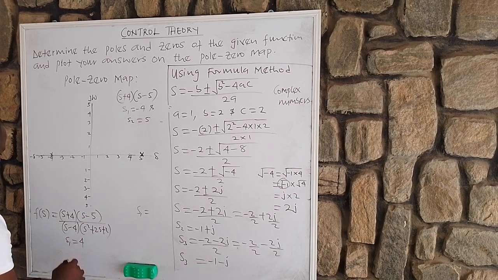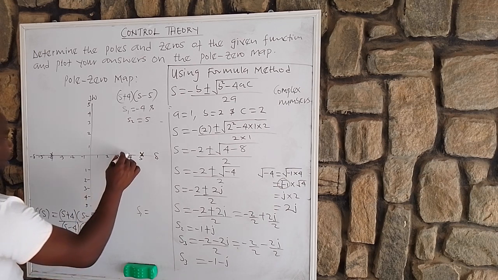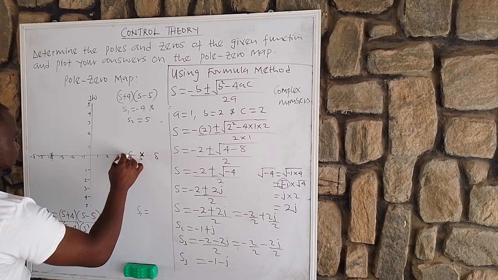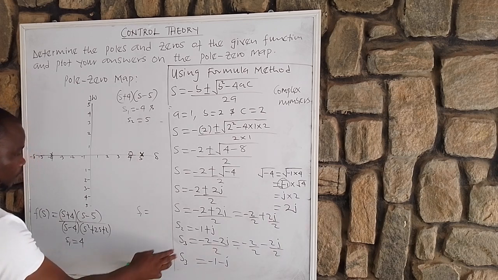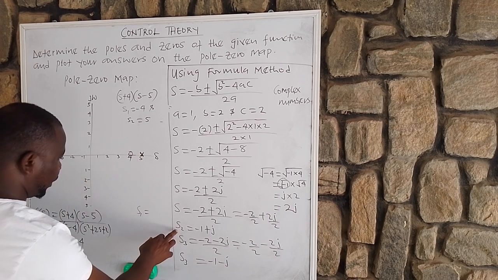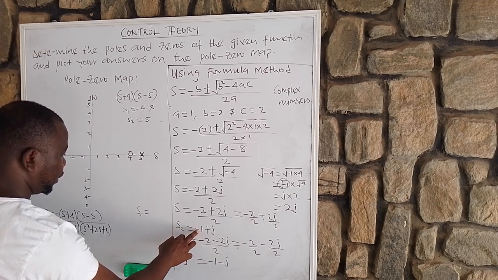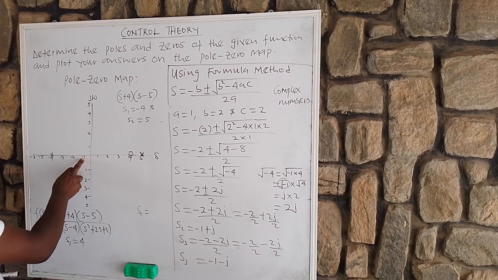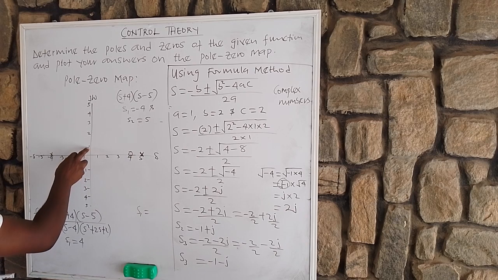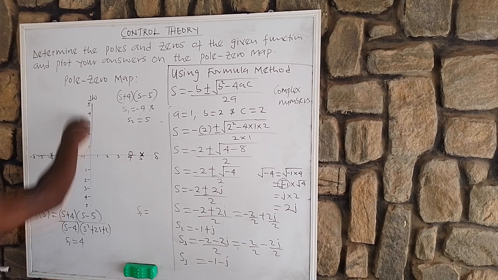So if you agree with me, we use this as a sign, plus 4. Then our s2 is minus 1 plus j. Look at j, look at minus 1, and plus 1 for j.